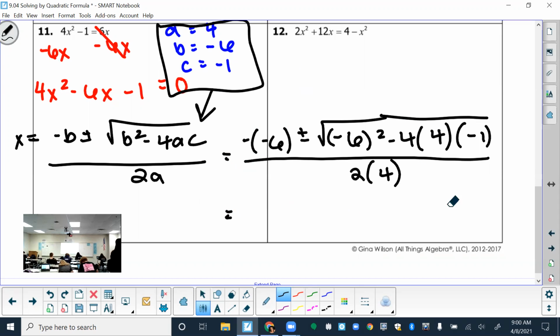Now simplify where you can. So what happens to this double negative over here? All right, so kind of like having -1 times -6. What would that be? A positive 6. Plus or minus, put that into Desmos.